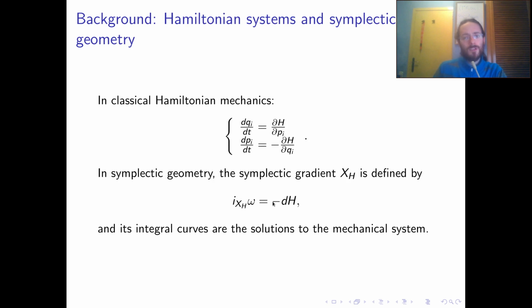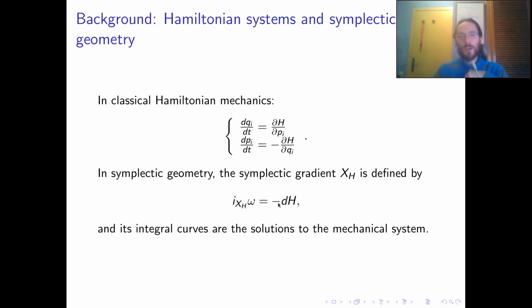Here this minus sign does not appear in all the sources. It depends on the source that one is using. We use it for a couple of reasons. The one that makes more sense here is that if we replace everything with the standard symplectic manifold R2n with the standard symplectic form, then this expression will yield this system of ODEs, so we recover the classical system from this more compact formulation.